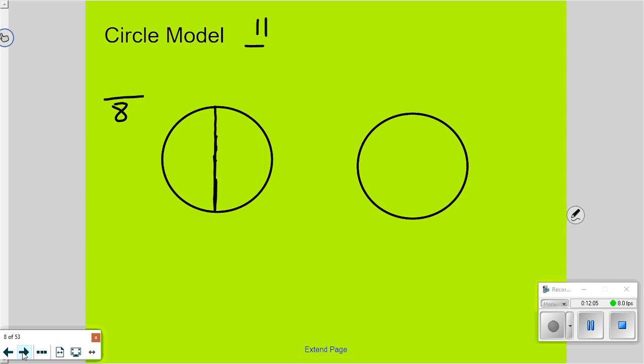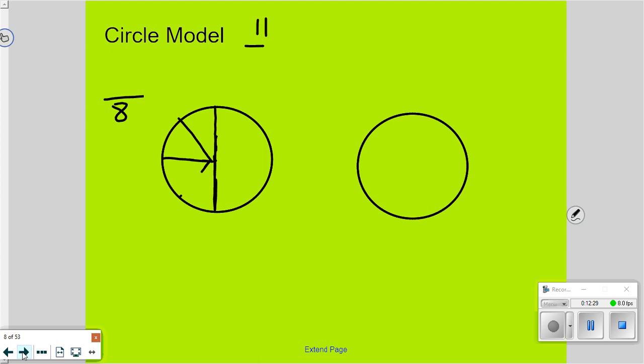Now, how many pieces need to go on each side to give me a total of 8? This is not a trick question. How many pieces need to go on each half to give me a total of 8? Sit up, please. Mackenzie? 4.